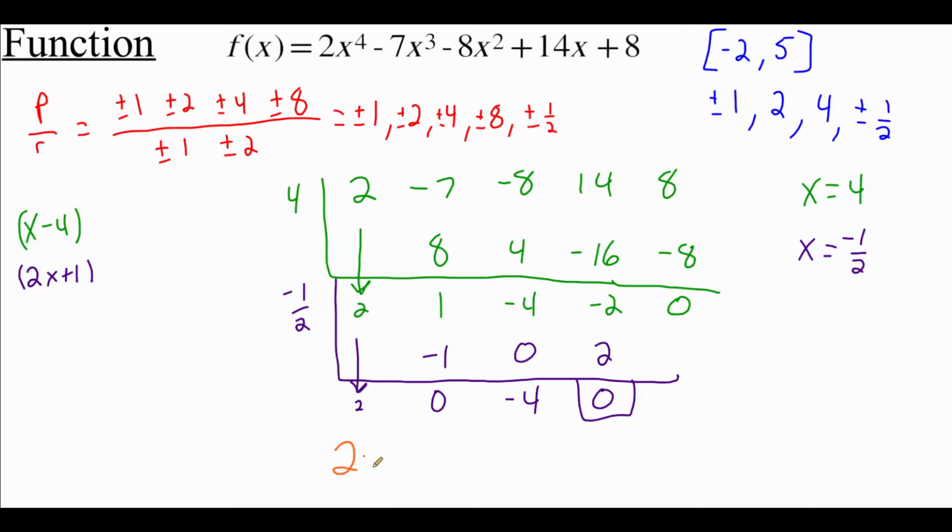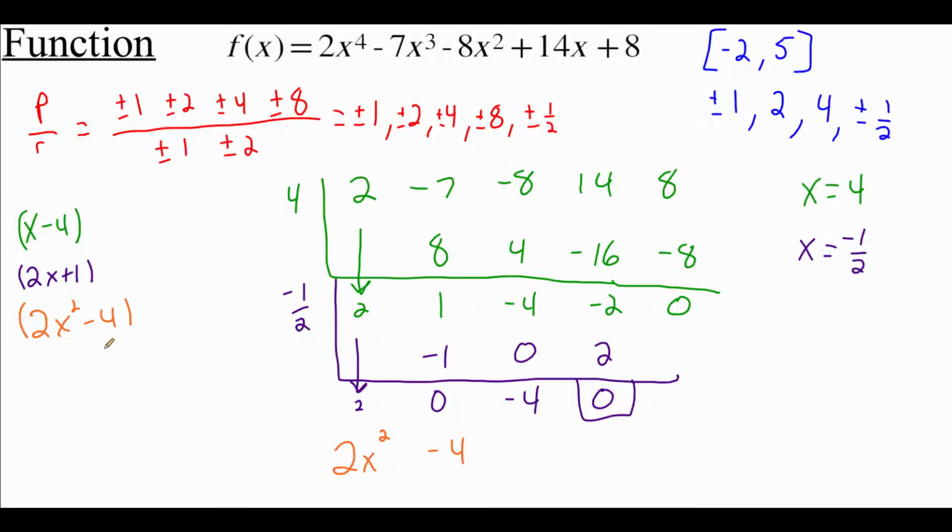So this 2 is really on an x squared. This 0 would be on a plain x, and this -4 would be a constant term on the back end. So this is going to be my remaining factor of my polynomial. So 2x squared minus 4. And I can actually use that to help me find the remaining zeros of my function.